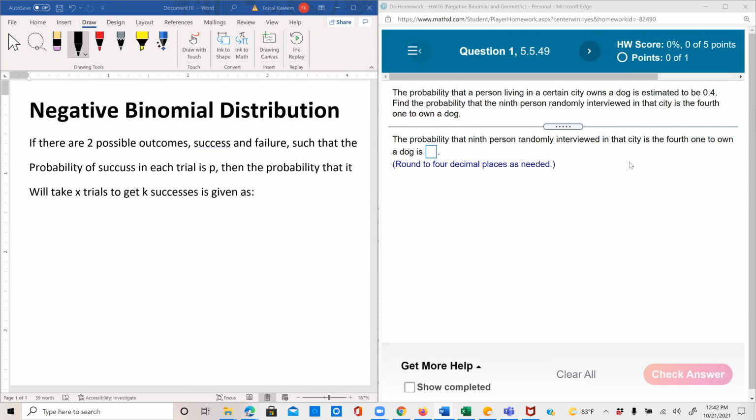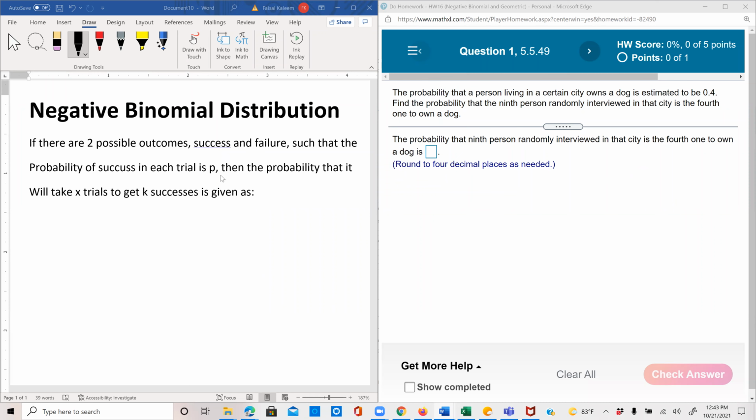Negative binomial distribution. Suppose we do repeated trials of an experiment so that each time there are two possible outcomes, success and failure. And the probability of success in each trial is the same, let's say little p, so that's just like the binomial situation.